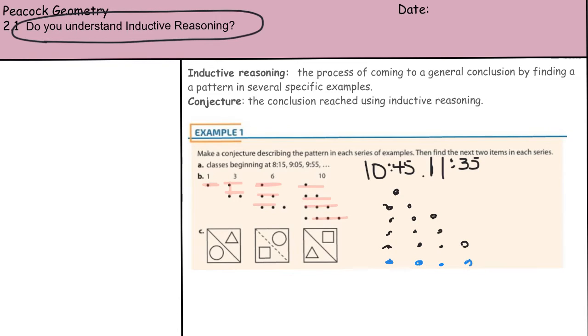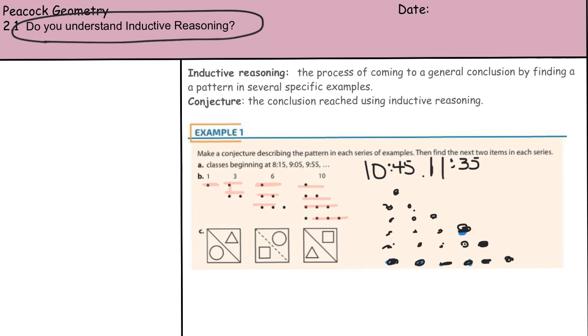I didn't do the 5, did I? Go back. 1, 2, 1, 2, 3, 1, 2, 3, 4, 1, 2, 3, 4, 5, and then the last one will be 1, 2, 3, 4, 5, 6. I just wasn't coloring enough dots. All right, so those are pretty easy.